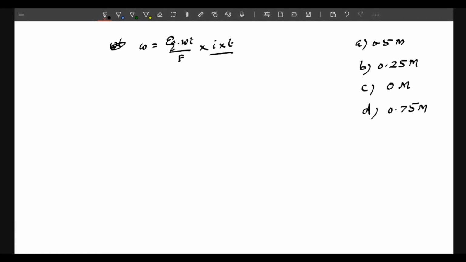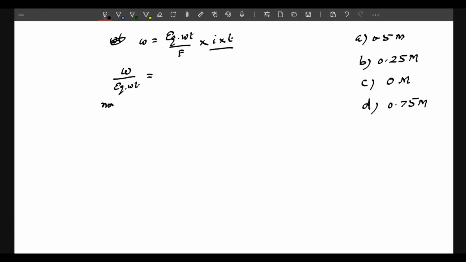Sometimes they combine the I and T and give it as the quantity of electricity. Here, we have to calculate not the weight of the substance, but the equivalent weight of the substance deposited. That is equal to weight divided by equivalent weight, which is nothing but what we call the normality, so many gram equivalent weight is obtained.